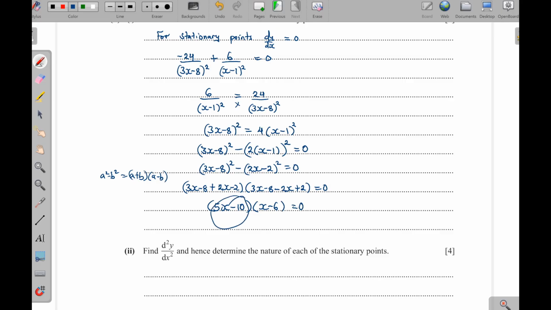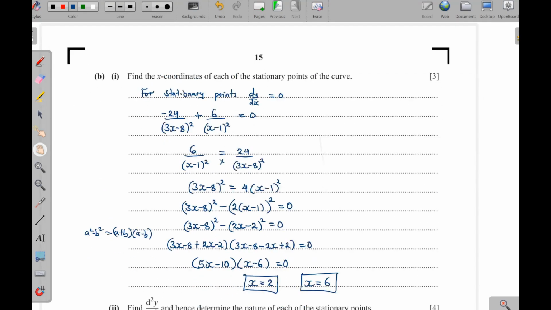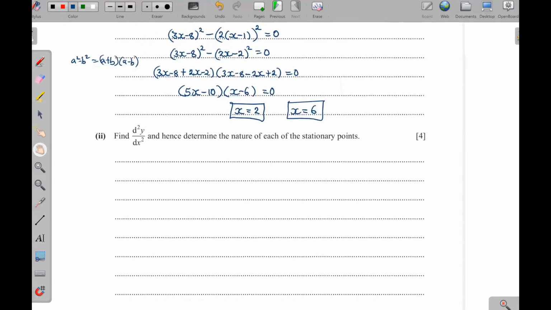So you equate this one to 0, that means your x is going to be equal to 5. How? 10 divided by 2, that one is a 2. And then when you equate this one to 0, then the x is going to become a 6. Those are the two x coordinates they wanted us to find. Yes, x coordinates only. So those are the ones.